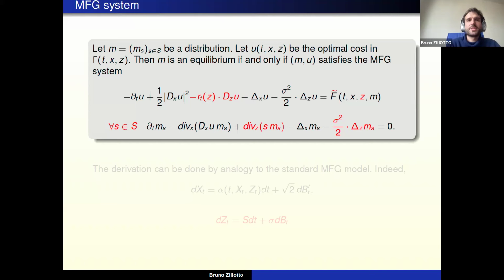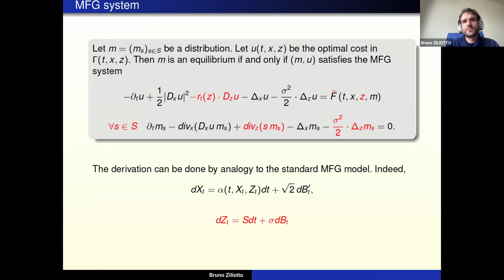And in the Hamilton-Jacobi equation there is a term r(t,Z) scalar d_z u. This term appears because a good way to see it is that the dynamics of Z is dZ_t = S dt + sigma dB_t.